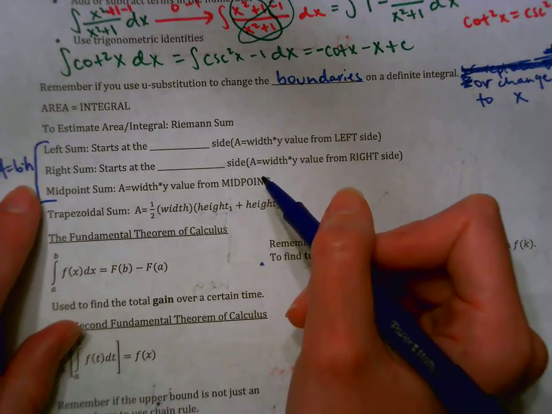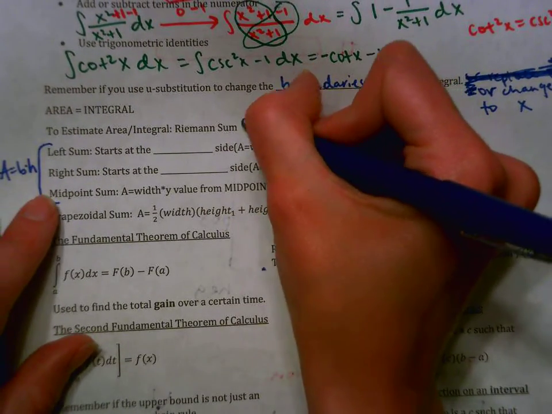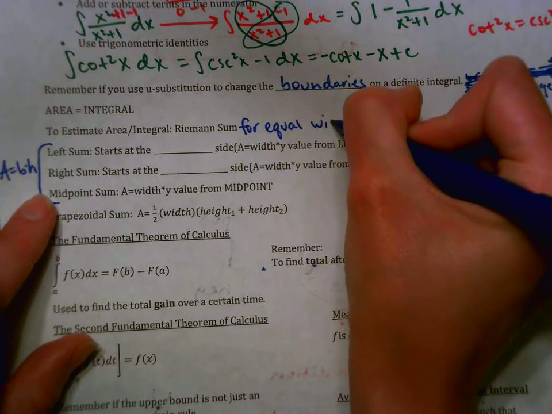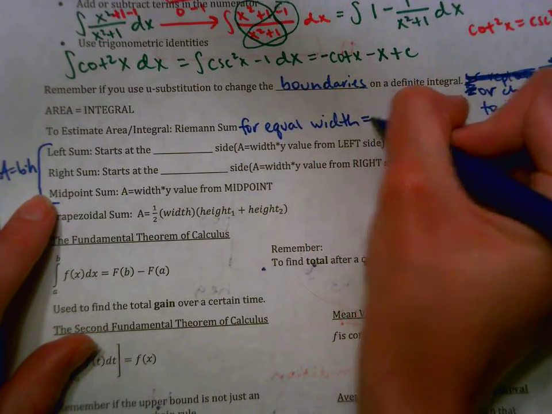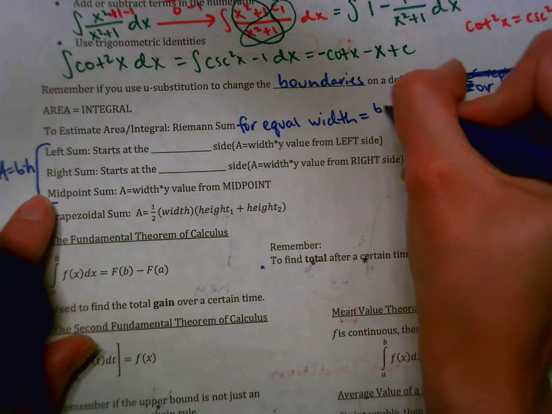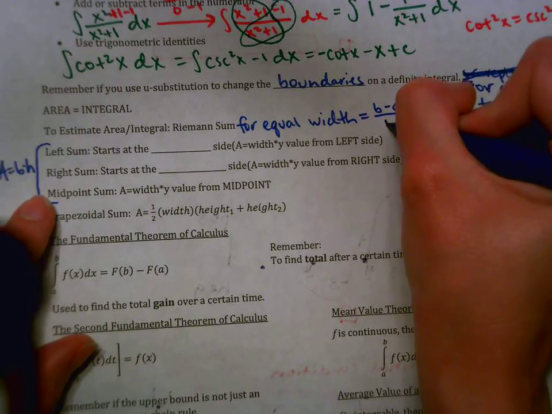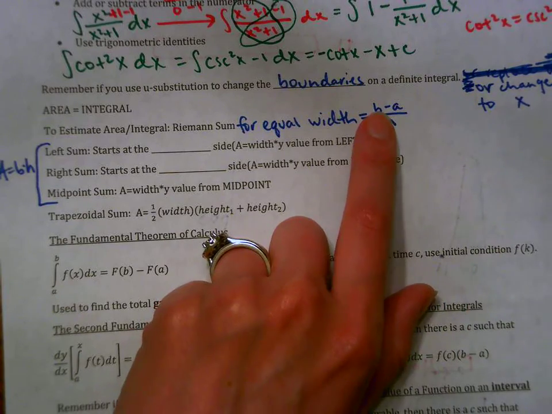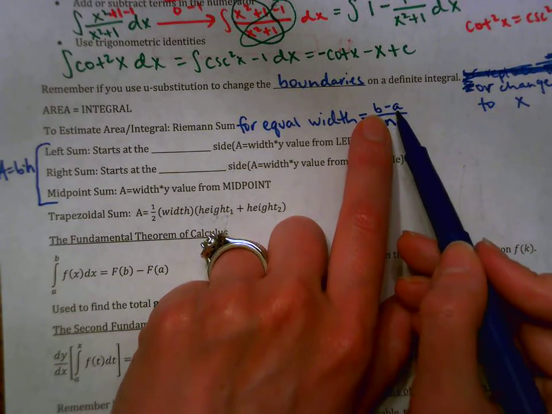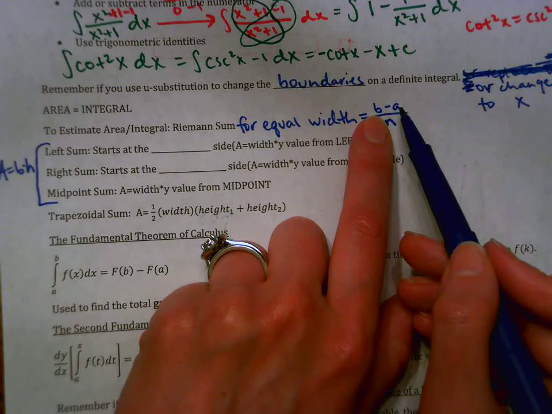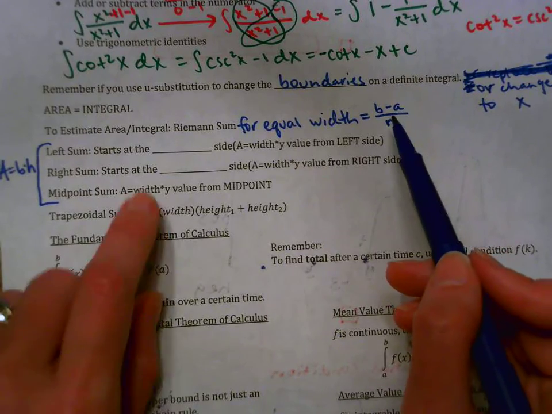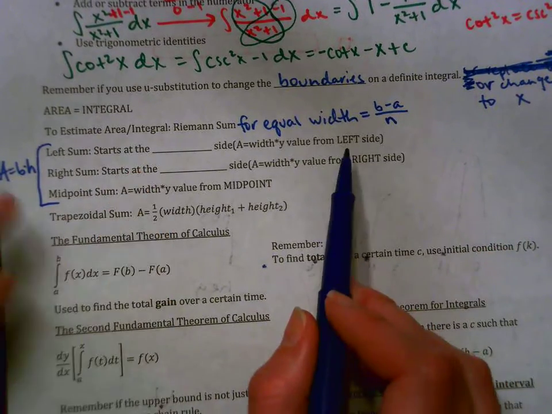If it tells you it's equal width, the formula is you take b minus a divided by n, which is how many rectangles you want. And this is like the endpoints for the interval that you're finding the area underneath. So if you want 4 rectangles, then your n would be 4. And so that's going to get you the width for all of these.